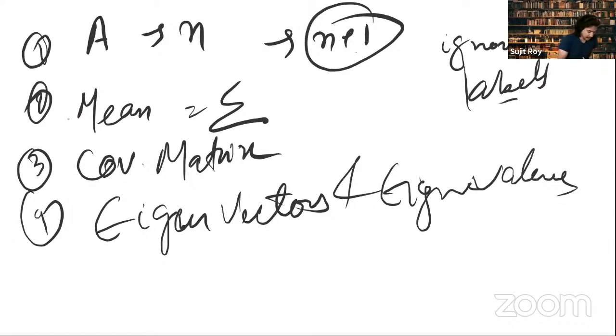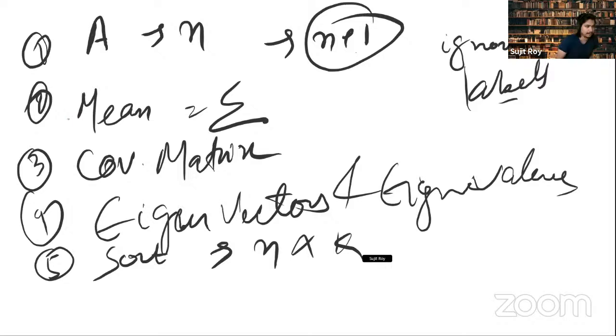So try to understand. We will have the eigenvectors and eigenvalues, calculated. Now we will sort them, eigenvectors and values, in decreasing order, and then we will form a matrix with n dimensions and k eigenvectors.